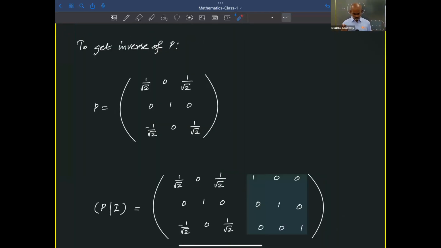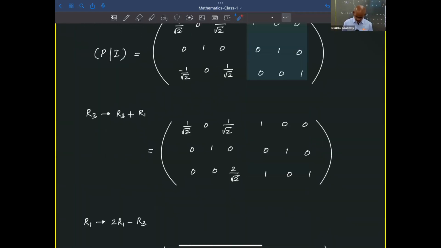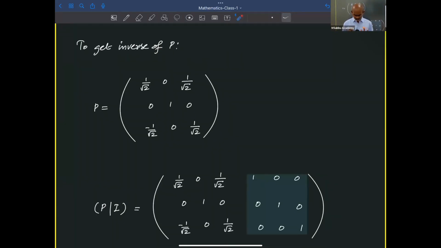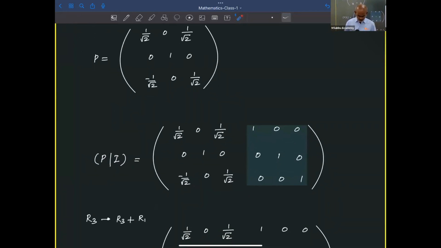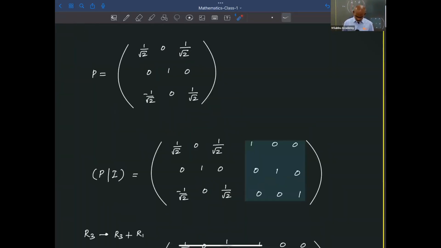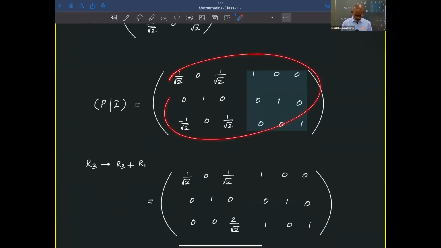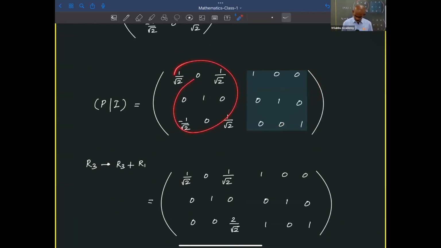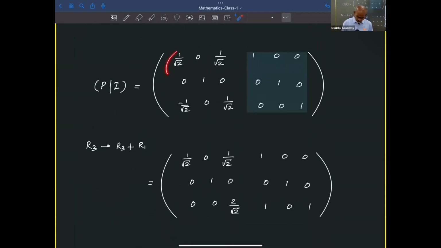But sometimes you try to get the inverse and check whether the inverse is equal to transpose. So for that, let us see how this inverse is taken by our elementary row operations. So write the matrix and get the adjoint matrix, the P and the identity matrix, and do the operations so as to make these elements the identity matrix.